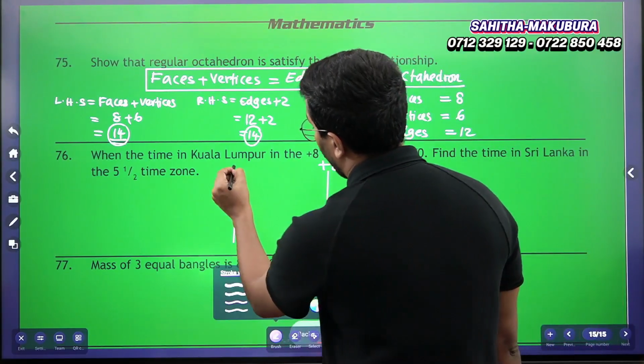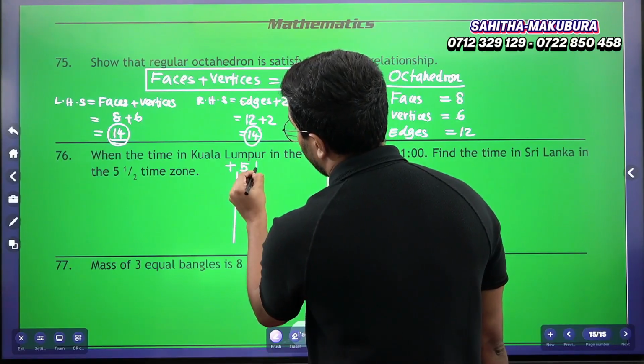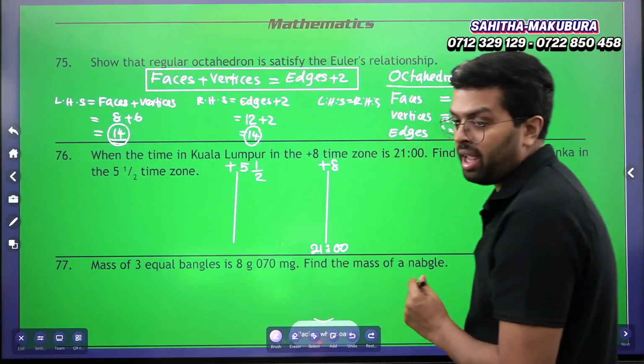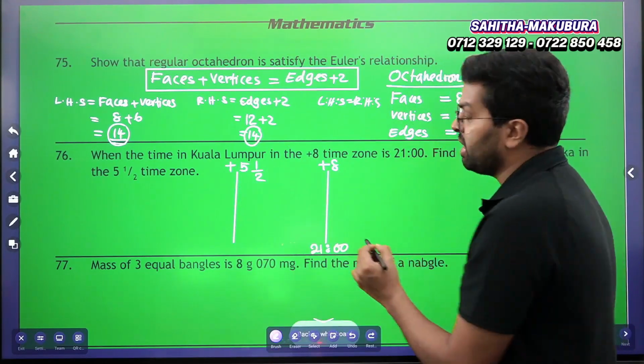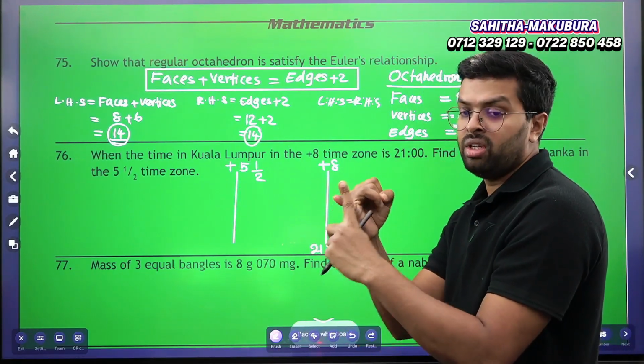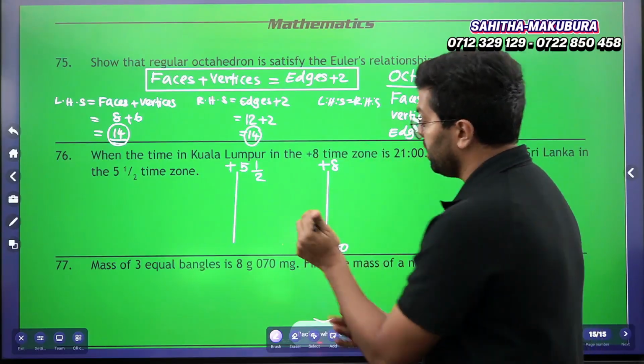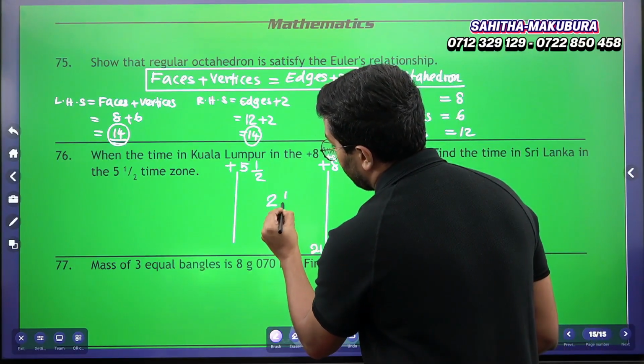A very simple thing we need to understand: 5.5 to 8, what is the difference? 6.5, 7.5, 8. So 2.5.